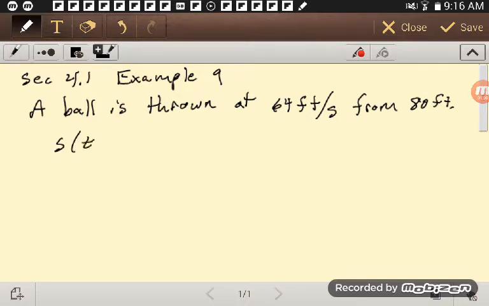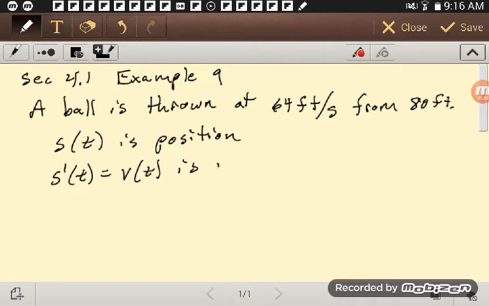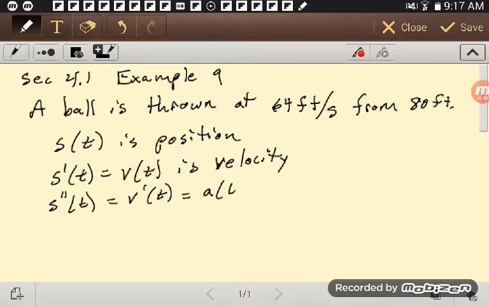If s of t is position at any given time t, then s prime of t equals v of t, which is velocity at time t, and then s double prime of t, the second derivative of s, or the first derivative of velocity, is a of t, and that is acceleration.